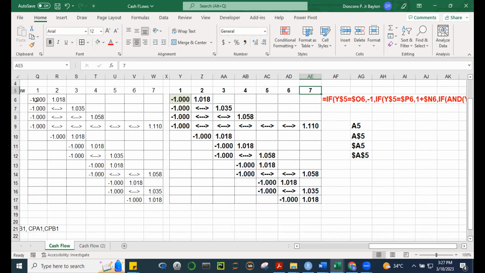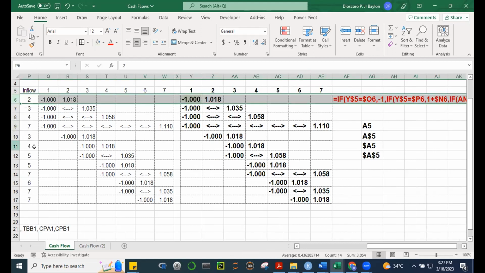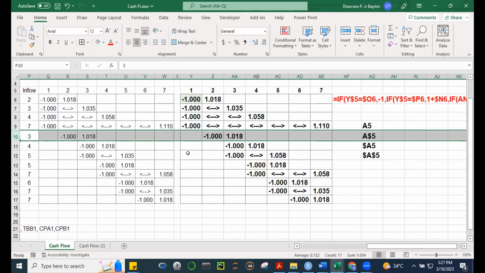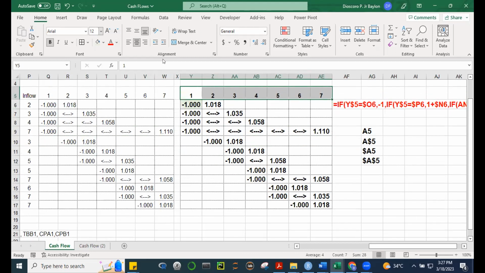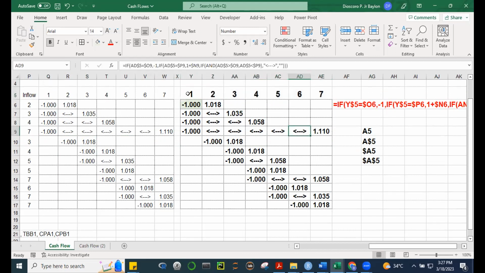But I don't want it to go to other columns, like column 10, because then it moves out of this. I only want it to move along this because this is what we're testing. Month 1, month 2, month 3, up to month 7. So that addresses why $5.